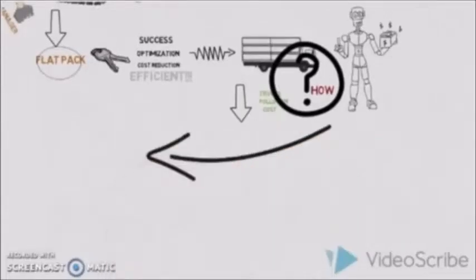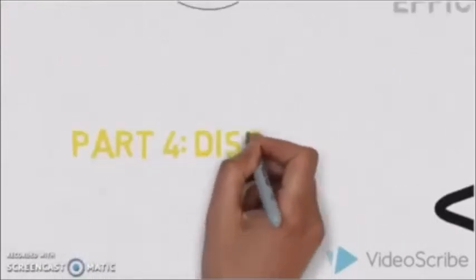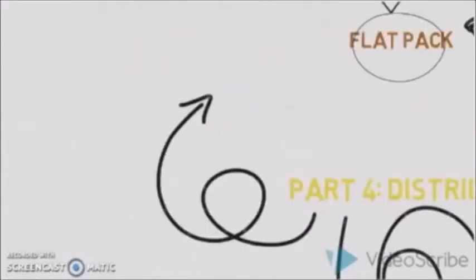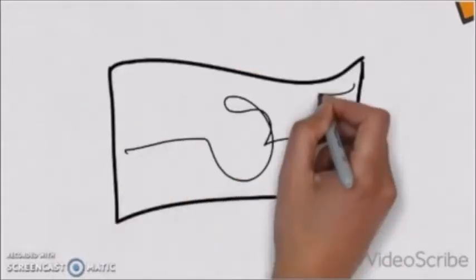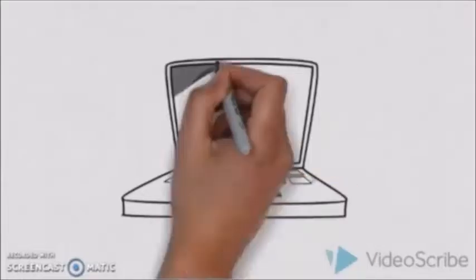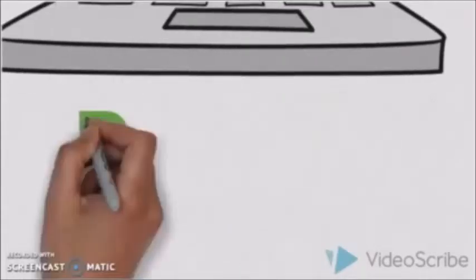We are now finally in part 4, distribution, which is quite easy because they try to deliver directly to the store. Products produced in Sweden are sent to Aalborg and then they are delivered around the world. But what do they do with all the money they save from transportation costs? They invest it in designing and reducing prices.